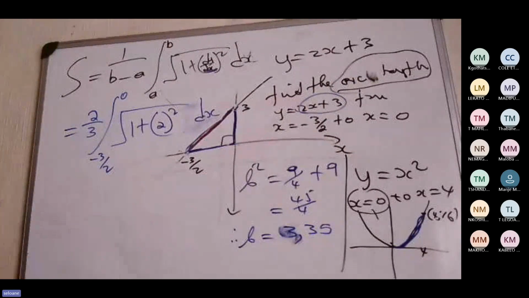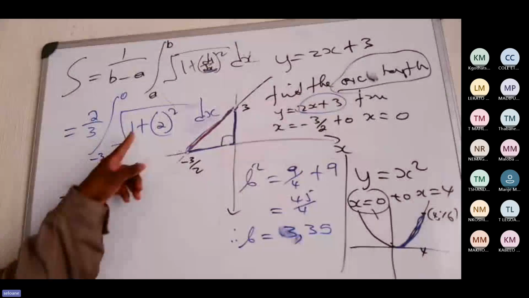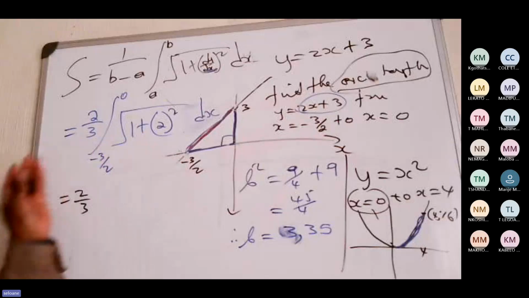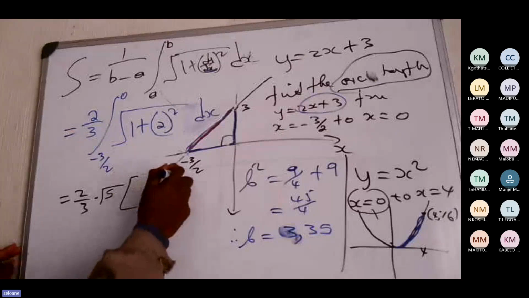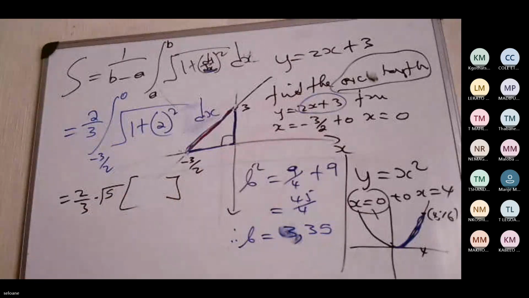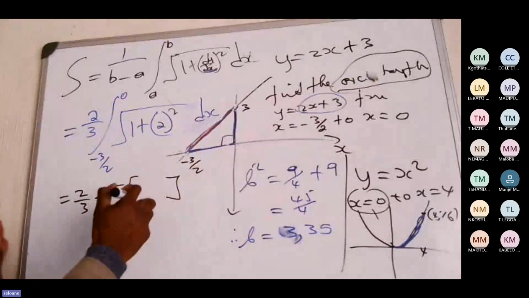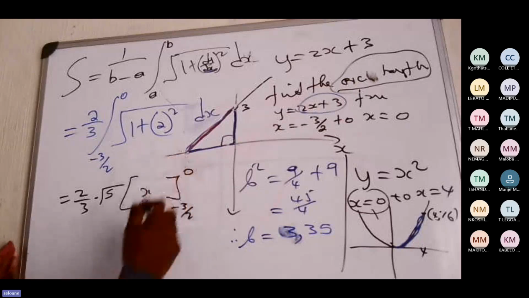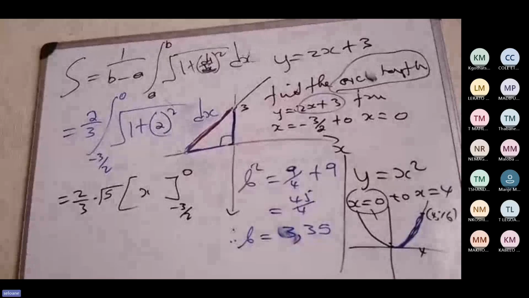Then this becomes 2 over 3. Now it will be 4 plus 1, 5, the square root of 5. Then we can take it out, times x, from minus 3 over 2 up to 0. Then at the end, it must give you this. Otherwise, something here is wrong.